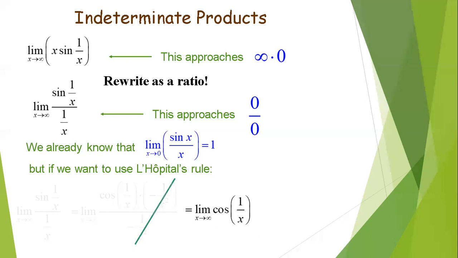We get the limit as x approaches infinity of cos(1 over x), which equals cos 0, which equals 1.